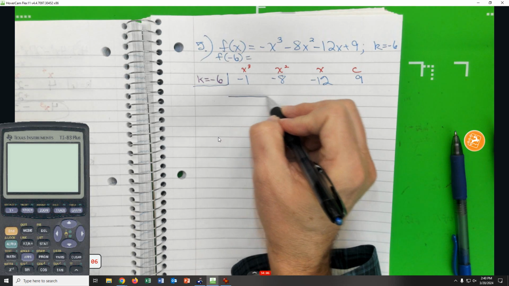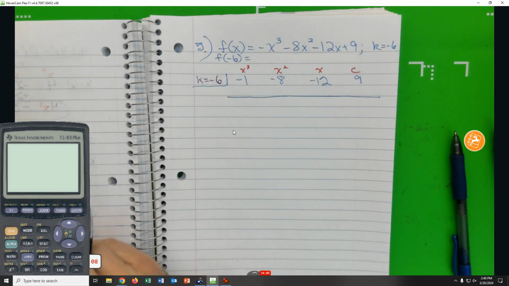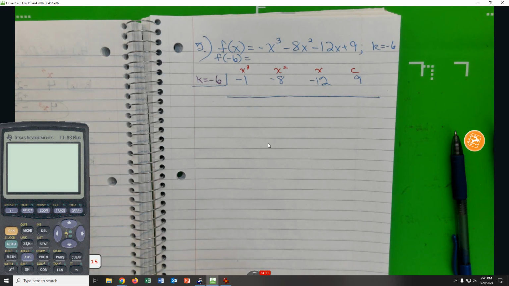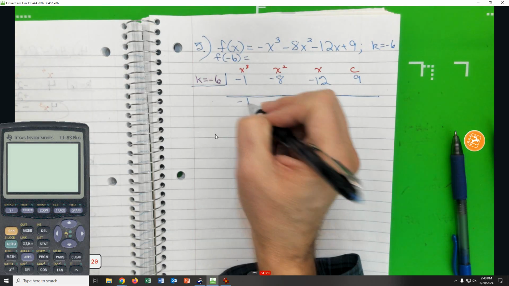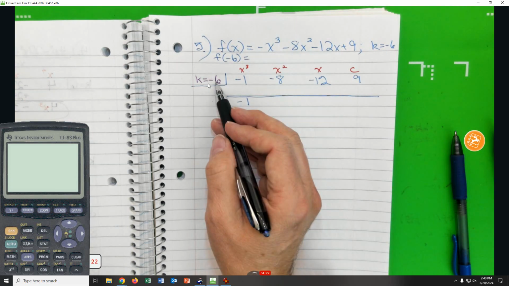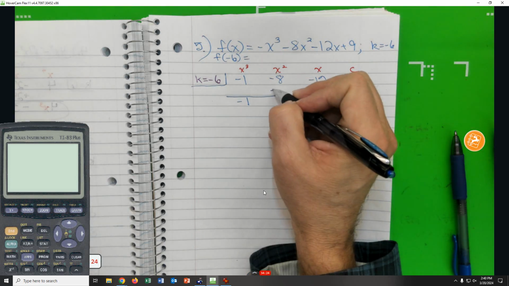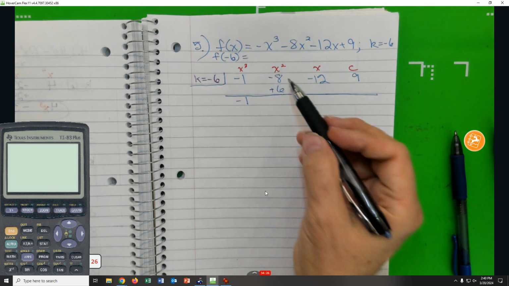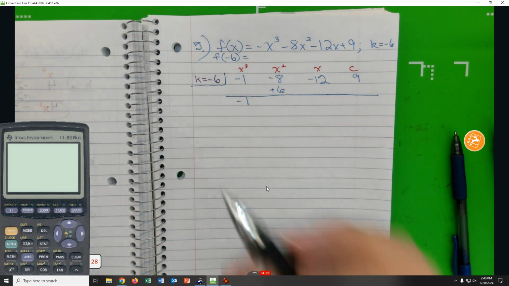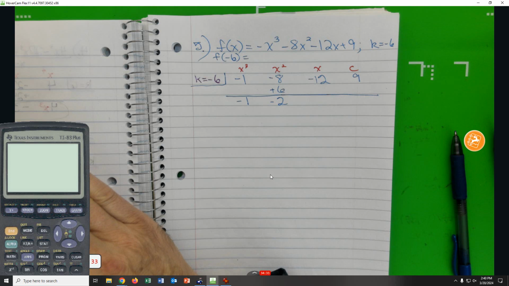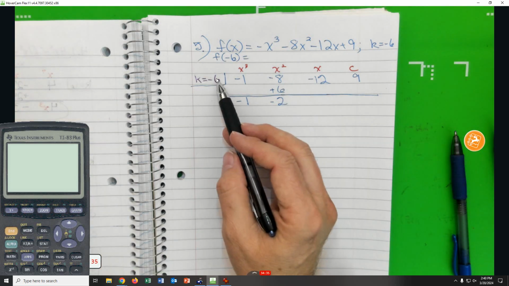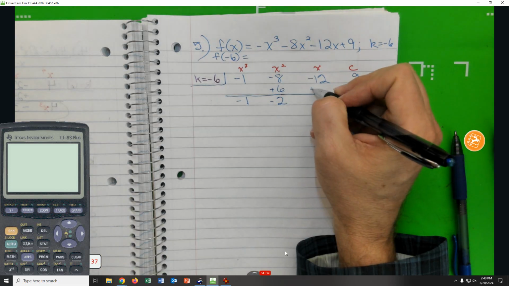Then we draw a line. What do we do to get the process started? Remember how to do this synthetic division? What do we do? Drop the negative. Okay. And then you go -1 times -6 is a +6. -8 plus 6 gives me a -2. -2 times -6 is a positive 12.